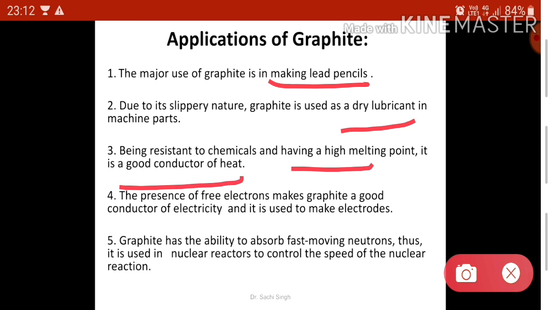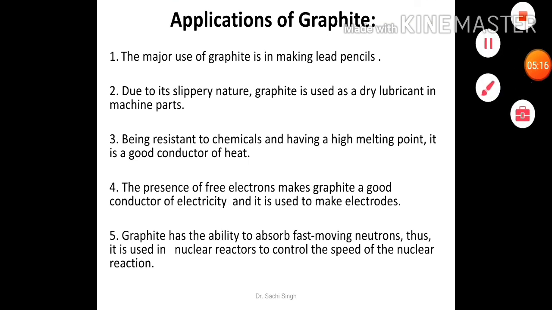And as graphite has a free electron because of sp2 hybridization, it is used in electrodes to conduct electrons. And graphite is used in nuclear reactors also to control the speed of the nuclear reactions. So these are the certain applications of graphite. Thank you.